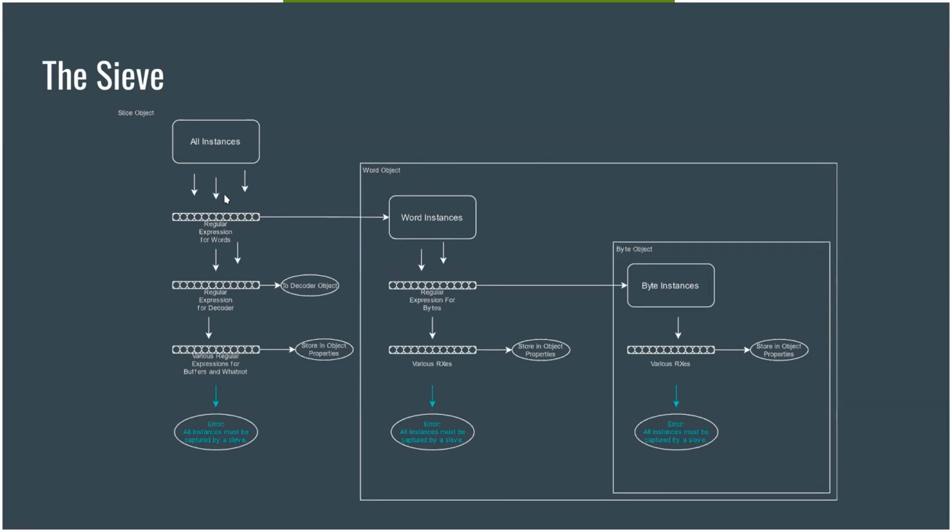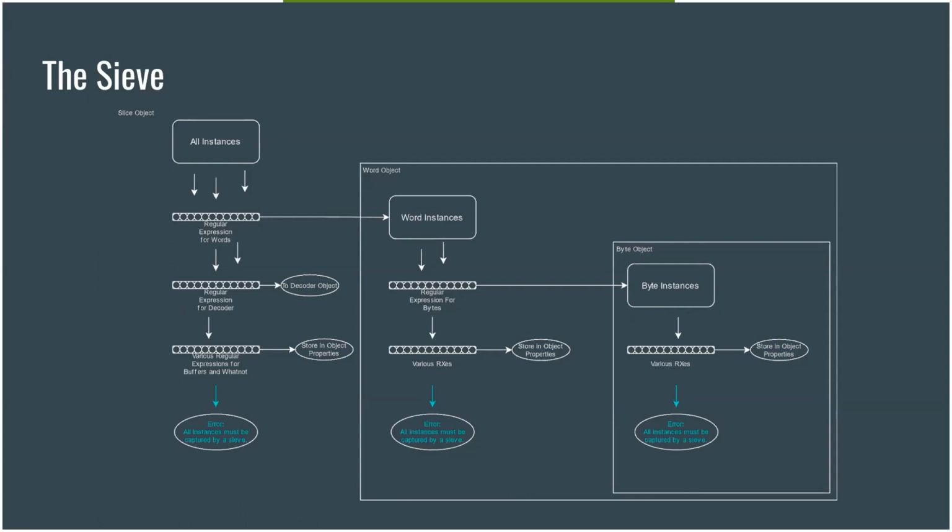So we have regular expressions for words, for bytes, for decoders, and whatnot. And by the time all of the cells have passed through all of the filters, we've actually reconstructed the hierarchy for the RAM here. So this is very, very advantageous, as you'll see later.